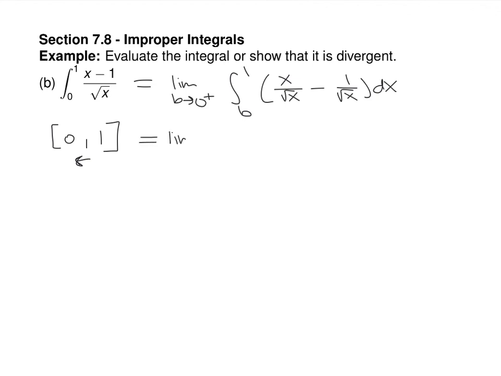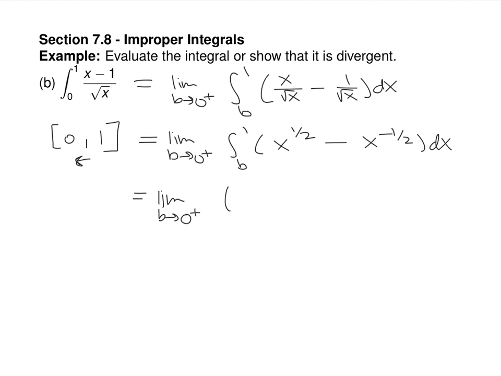So that becomes the limit as b goes to 0 plus, integral from b to 1, x to the positive 1/2 minus x to the negative 1/2. Now the antiderivative of x to the 1/2 will be x to the 3/2 times 2/3, minus 2x to the positive 1/2, evaluated from b to 1.